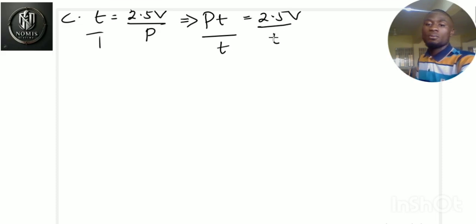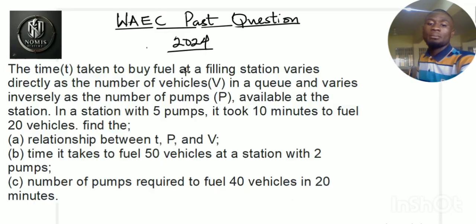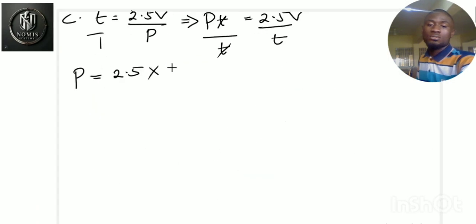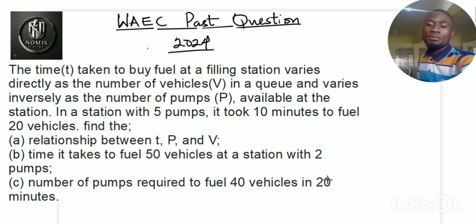So to make P the subject of the formula, we cross multiply. So when we cross multiply, we now have PT is equal to 2.5V. So to make P the subject of the formula, we divide both sides by T. T cancels T. Now P is equal to 2.5 multiplied by, remember the number of vehicles here is 40, all over the time it will take, 20 minutes.